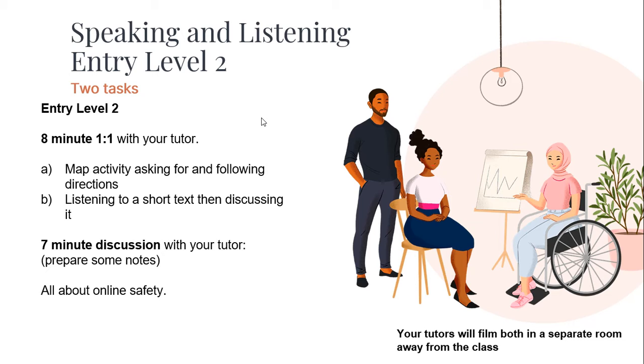So that is the first part for you. The second part at entry level 2 is a discussion, and this might be in a small group or it might be one-to-one with your tutor, depending on how many people there are in your class. And this will be about online safety.